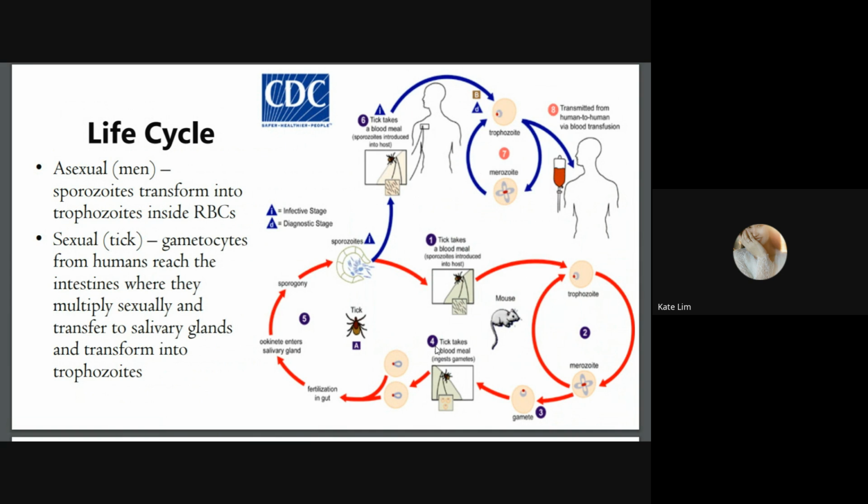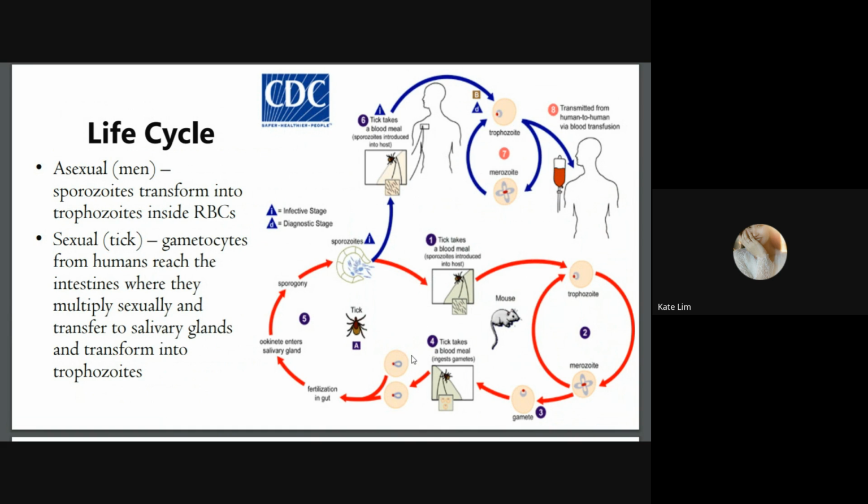These gametocytes are the sexual forms of the parasite. They travel to the tick's intestines, where they undergo sexual reproduction and result in zygotes, which migrate to the salivary glands, transforming to become infectious sporozoites, ready to be transmitted to the next host.